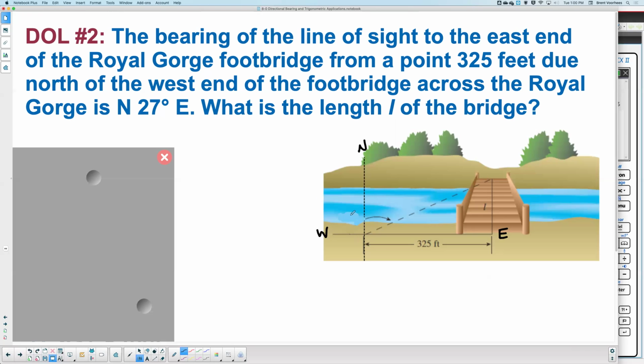So this line right here is that north 27 east. I'll let you solve from there. By the way, how many degrees would go right here in this spot? 90. Because if this is north, east, west, then something going north, south would be 90 degrees. Okay, go ahead and solve that DOL number 2.